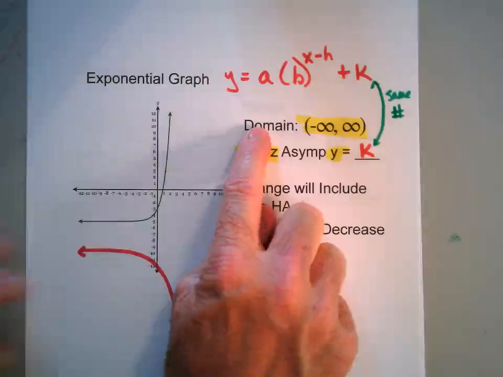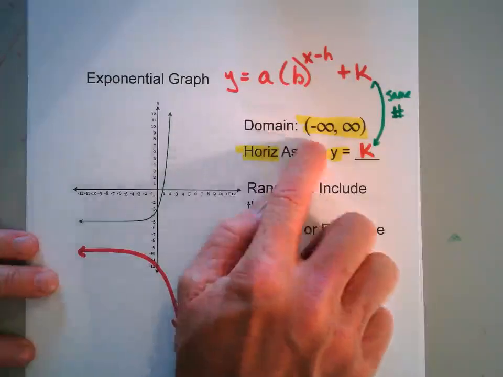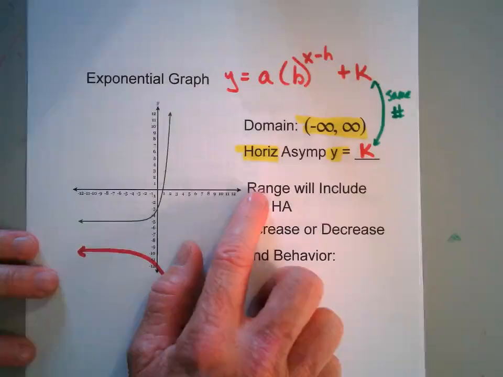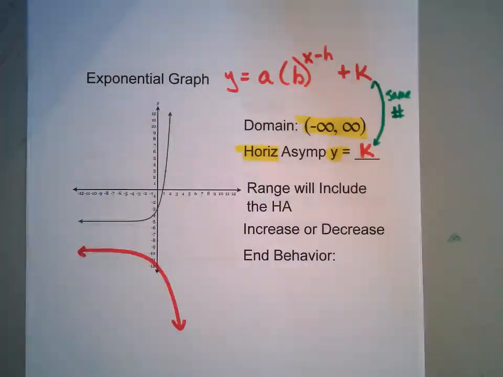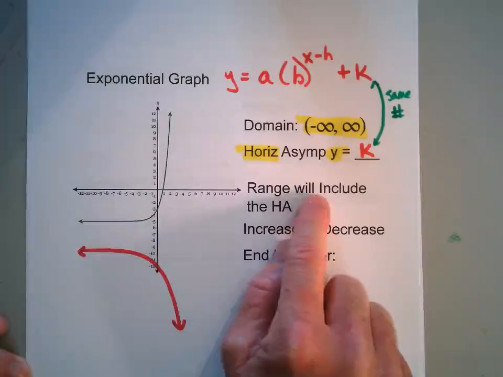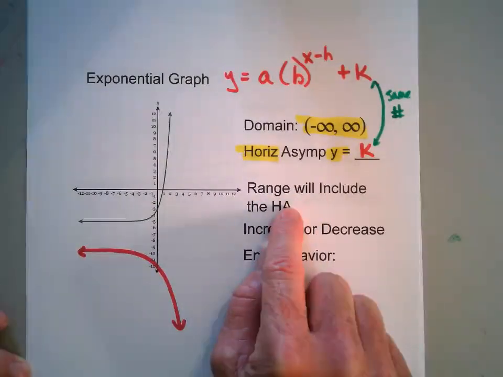All right, so domain for an exponential will always be negative infinity to positive infinity. However, the range will not. When you go to answer the range, it's going to give you a drop-down menu. And when you answer in your range, you're going to include the horizontal asymptote number.